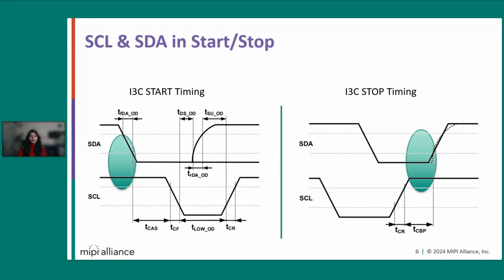Similarly, the stop signal is sent by the controller to the target devices to indicate the end of data transfer, and it is initiated by the controller sending a low to high transition on the SDA line while the SCL line remains high. In both cases, SCL is constant while the SDA line is changing from high to low and low to high. It means there is no clock at the time of a start and a stop condition. So here we treat SDA as a clock.